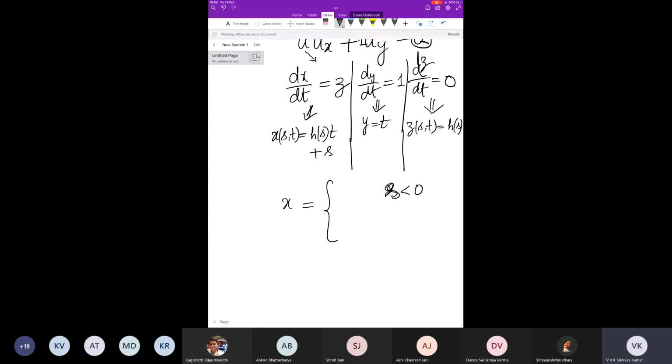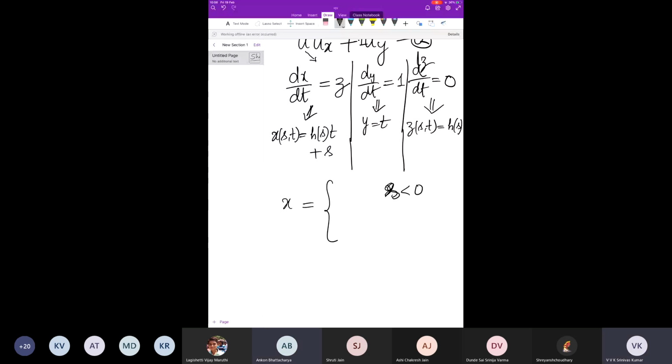When s is positive, h of s is 1, so the line is x is equal to t plus s. So x is equal to t is a line.